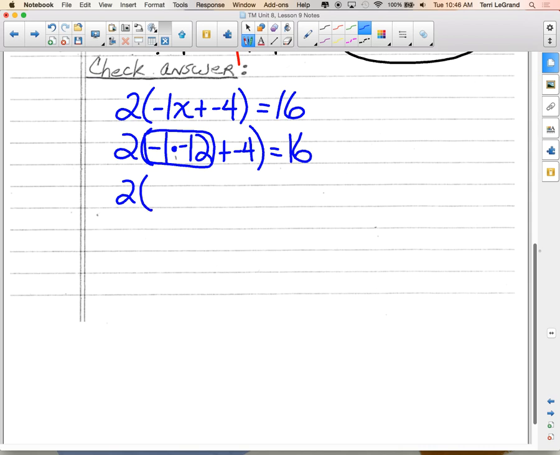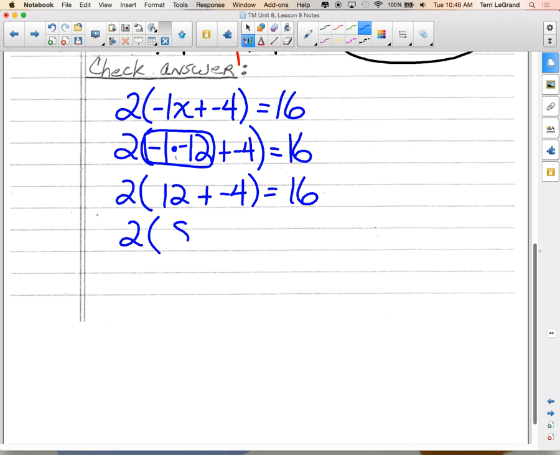Yeah, we would take that negative 1 times that negative 12. What is that? 12. Notice I didn't take the parenthesis away. We're performing order of operations within the parenthesis right now. So we have to finish our parenthesis in the next step, right? So now we'll combine our 12 and our negative 4.